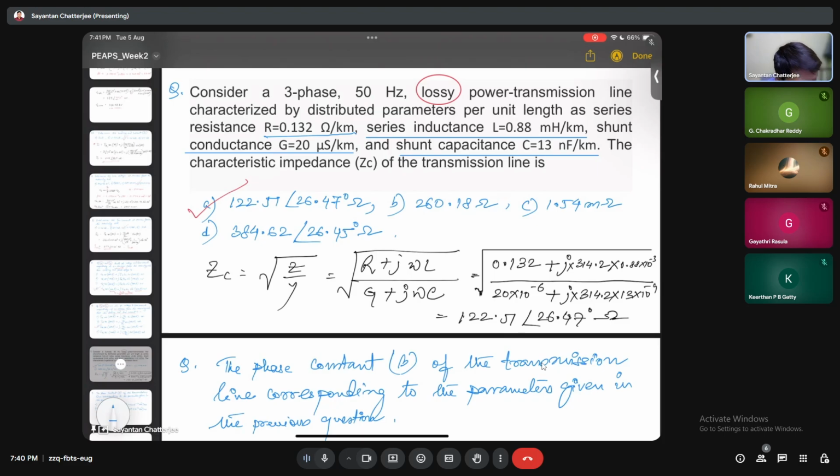So I hope the values you have noted down so that I can scroll my screen.